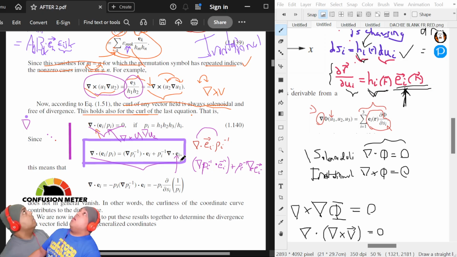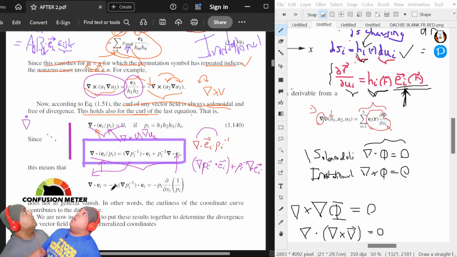Let me see what the next line is. Oh wait, no. This is the 0. So we bring this guy across, divide by this guy to get p_i.